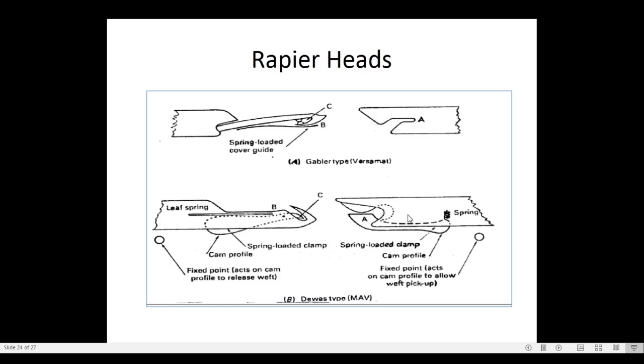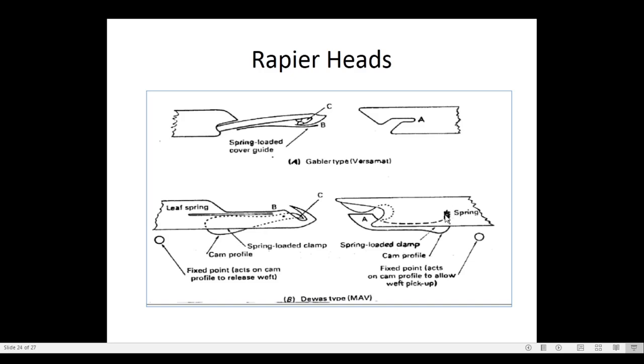So see here, in machine B, this is the Dewas type. In the figure, this is the left hand rapier. This is the giver and this is the taker. Here we can see A, which is the clamp or gripper, a weft holding device, and here the spring is there.